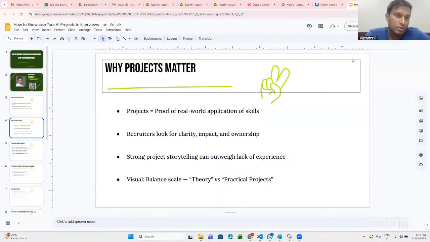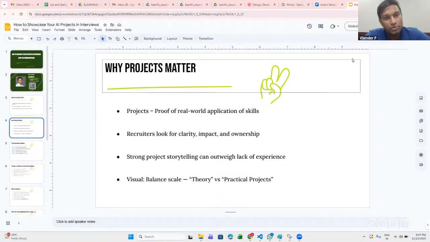So the fact that you have done a project end to end, deployed it, and are showcasing it means that you have actually spent time understanding the problem you're solving. You've spent time working with Claude or ChatGPT to write the code, test the code, deploy it, and then showcase it.